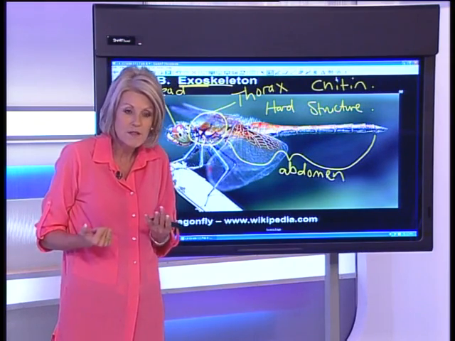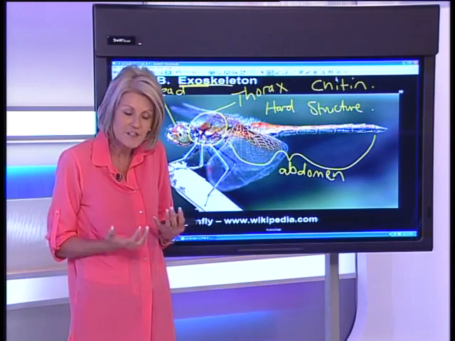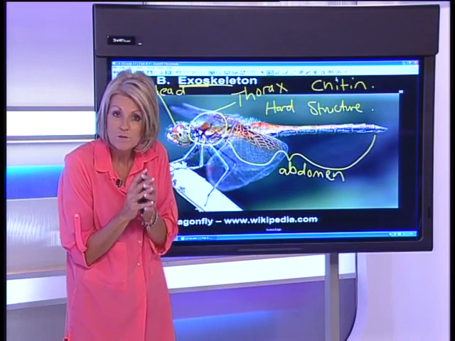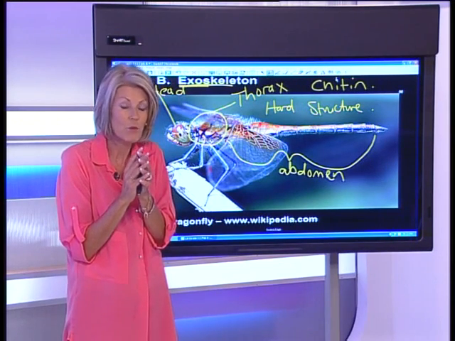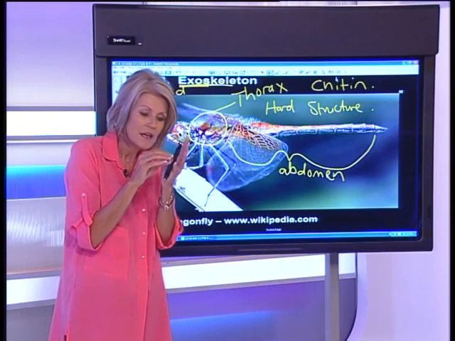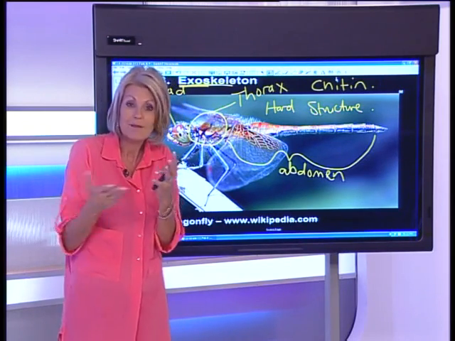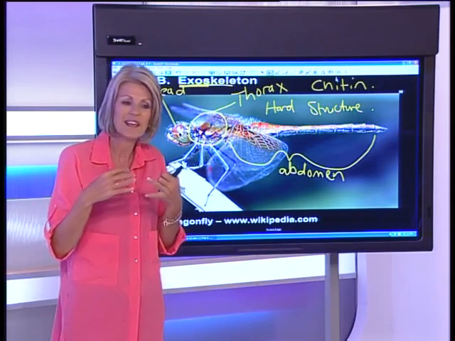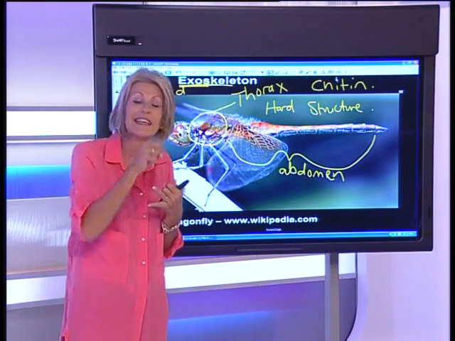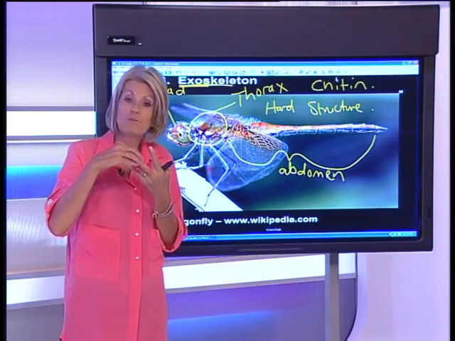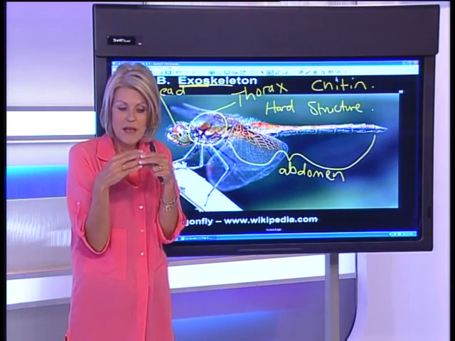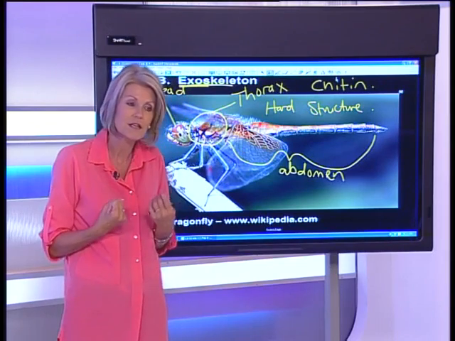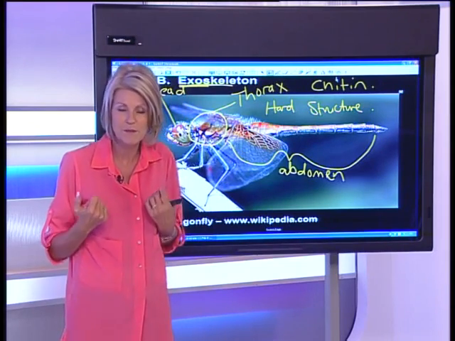The problem is that every time that little creature has its structure, and after metamorphosis, and metamorphosis is when you have an egg, which is laid by an adult clearly. So you have the egg, and then you have the larva stage, which is the caterpillar or worm stage that eats, and then you have the pupa, which has a shell around it made of chitin to protect it, like silkworms, if you've ever kept silkworms.